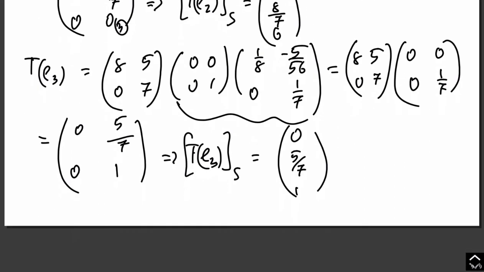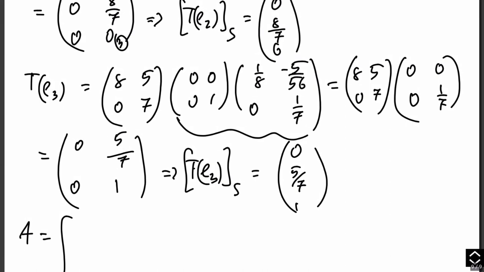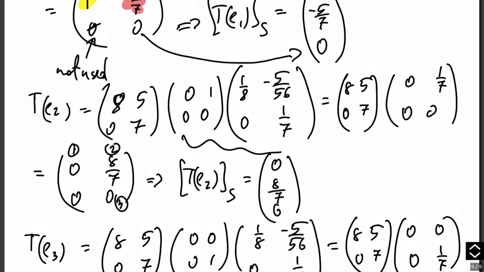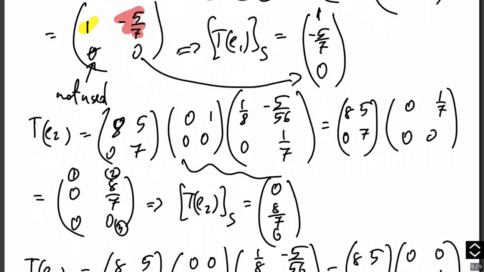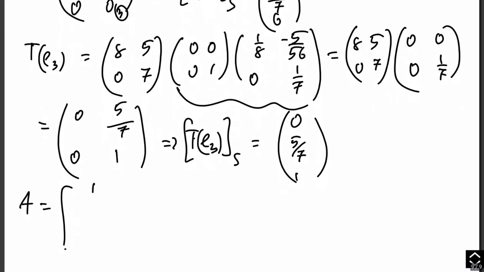So finally, the A matrix is all these three vectors put together into one big matrix.